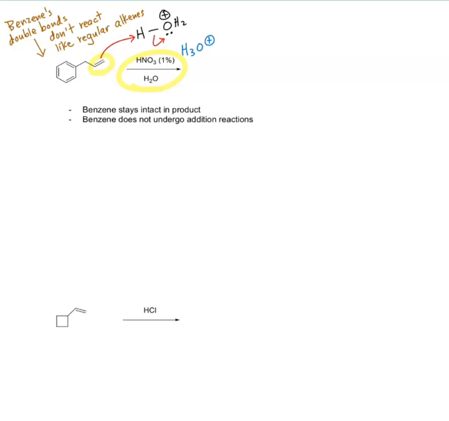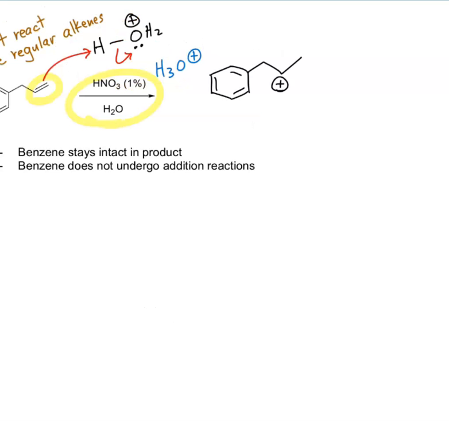So we protonate it. And because the reaction follows Markovnikov's rule, that means that the cation ends up on the more substituted alkene carbon. Okay, so we have here a secondary carbocation.